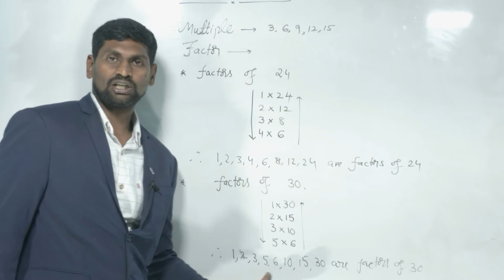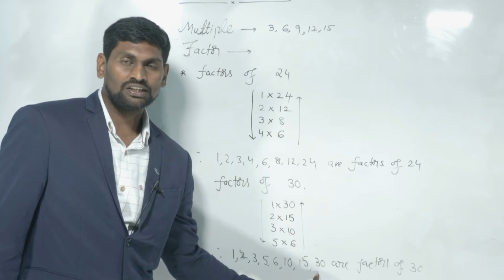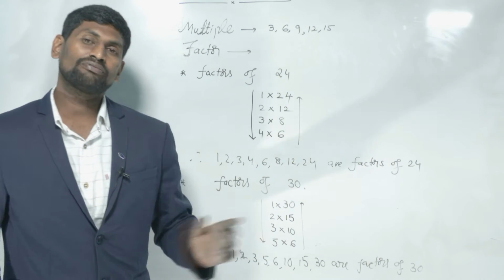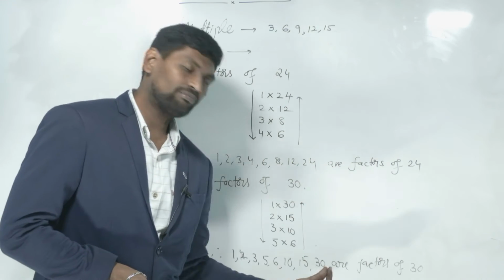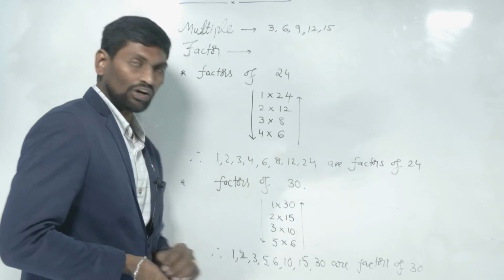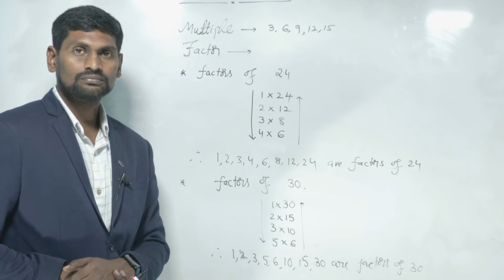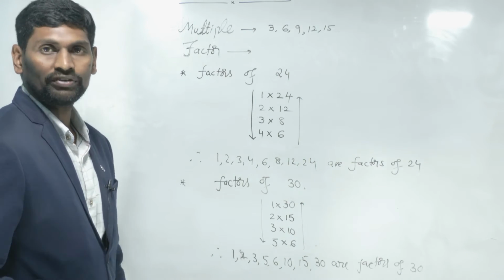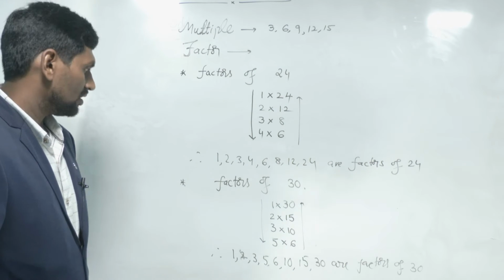Here in the set of factors we got 30 also. That means every number itself is a factor. One is a common factor.